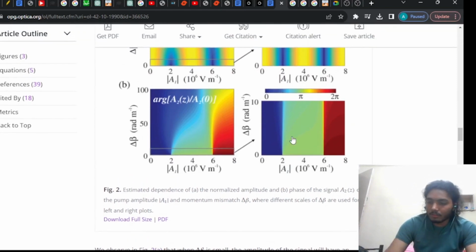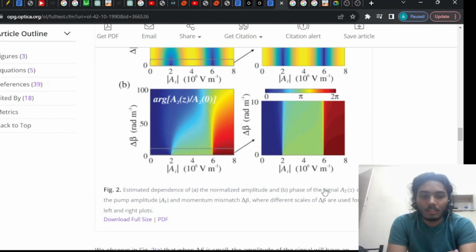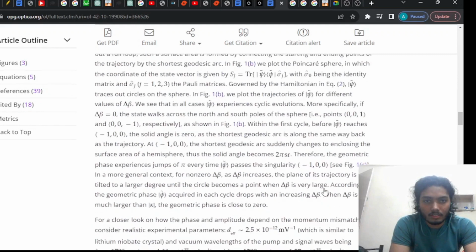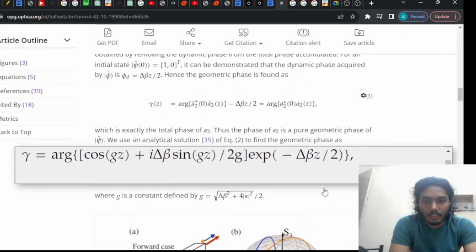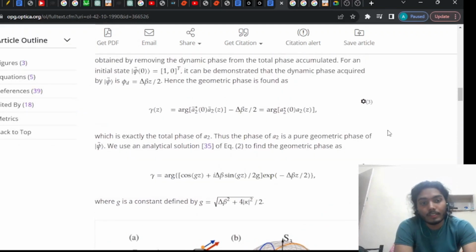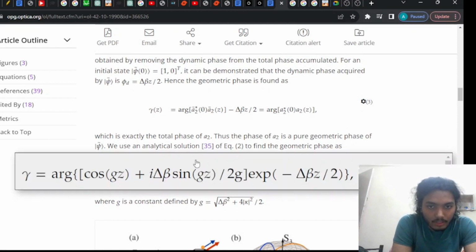So we get this thing. Also, Kabir had mentioned that this geometric phase is directly proportional to the argument of A2, which expression is given here.